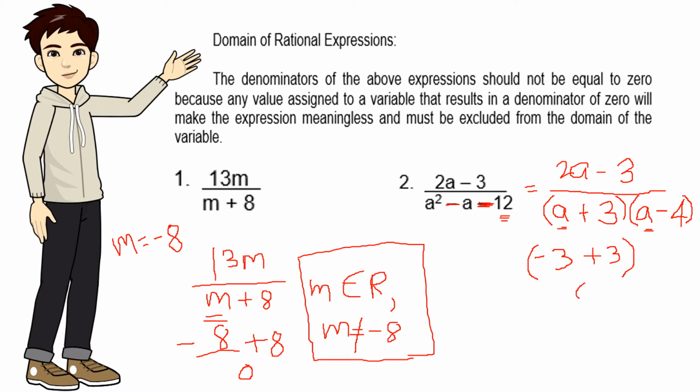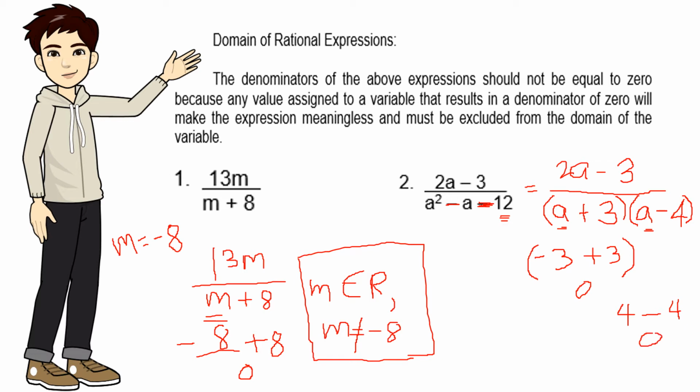So this would be 0 times the value of a minus 4, magiging 0 na din siya. Next, sa other side, if we are going to use a minus 4, this time the value of letter a is positive 4. If we have 4 minus 4, then the answer is 0.